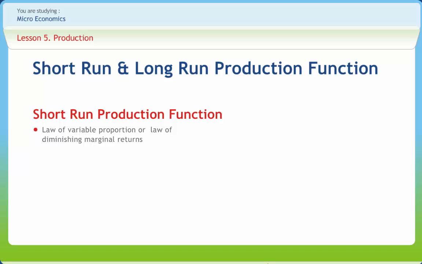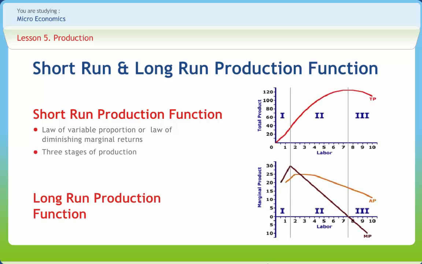With the above discussion, we must also take a view of three stages of production: increasing marginal return, decreasing marginal return, negative marginal return. Increasing marginal returns occur if each additional unit of a variable input added to a fixed input causes incremental production to increase.